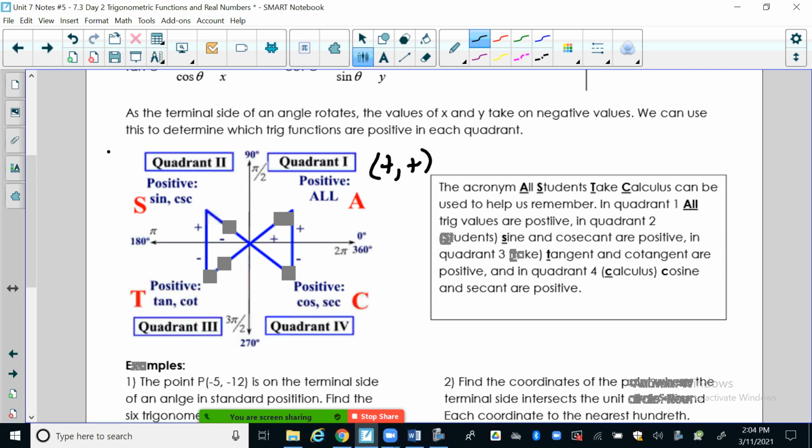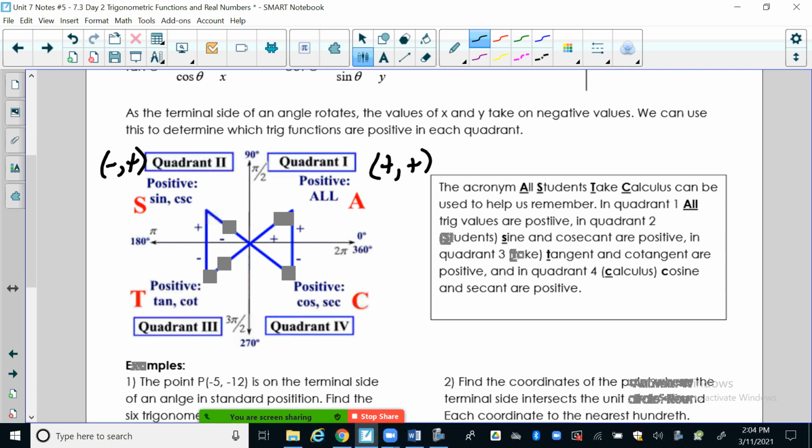Our x coordinates are negative, but our y coordinates are positive. So in quadrant 2, sine is positive, which means cosecant is positive, again, like we saw in our unit circle, but cosine is negative, which makes secant negative, and tangent and cotangent will be negative because a positive divided by a negative is a negative.